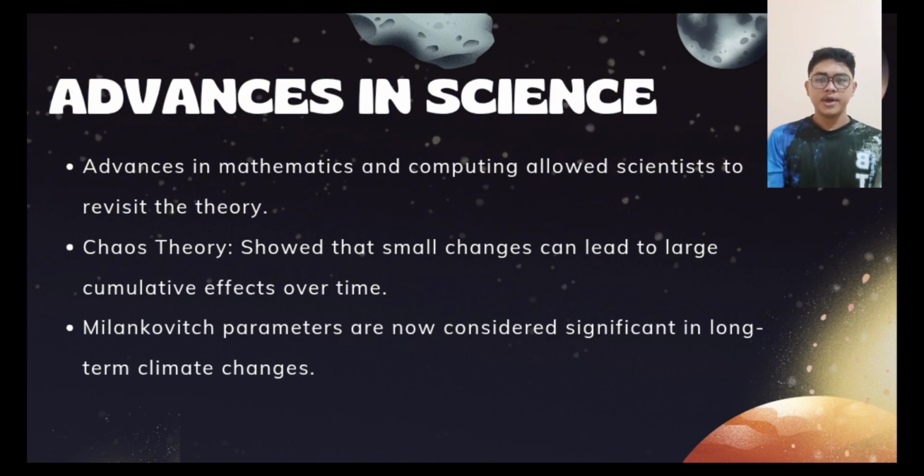Chaos theory showed that small changes can lead to large cumulative effects over time. This theory, developed in the mid-20th century, demonstrated that small changes in a system could lead to large effects over time.